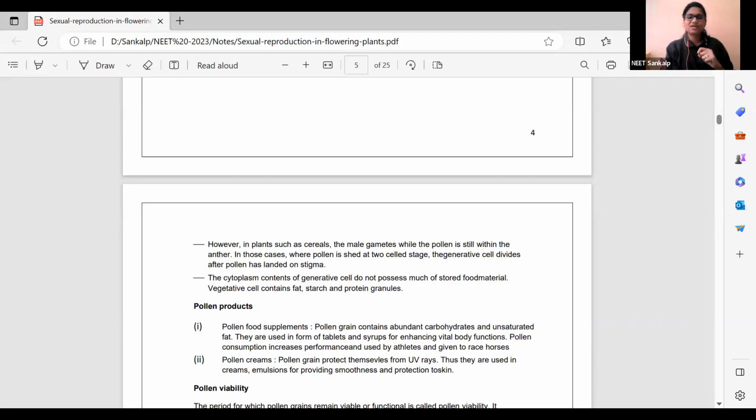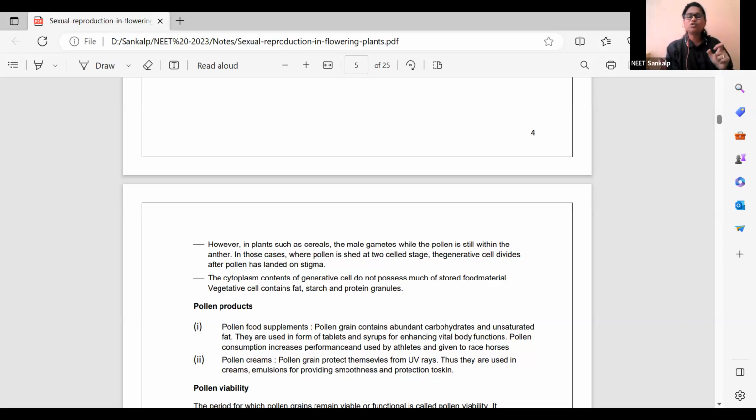The cytoplasm of the generative cell does not contain much stored food material. So the bigger vegetative cell has fat, starch and protein granules, which are provided to the generative cell. Next, pollen products.